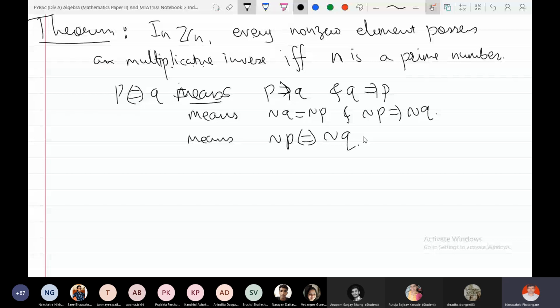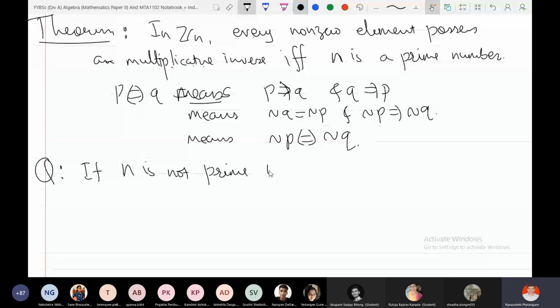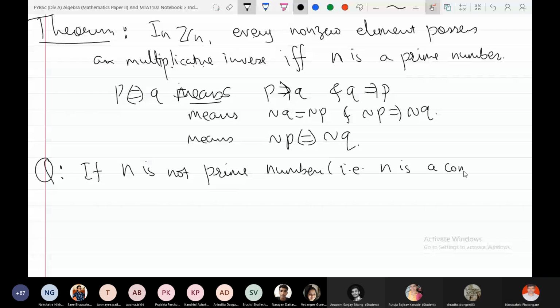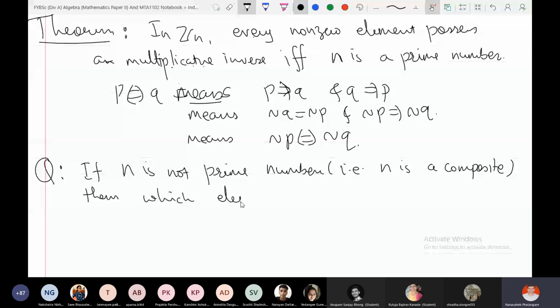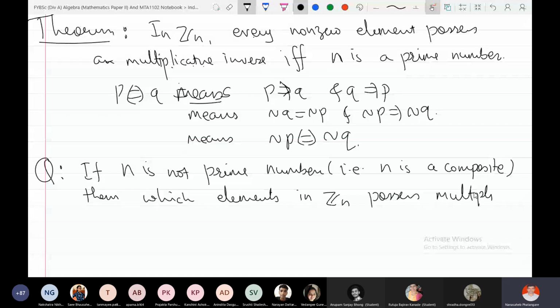Then again, a question you can ask yourself: if n is not a prime number, that is, n is a composite number, then which elements in Zn possess multiplicative inverses and which do not?